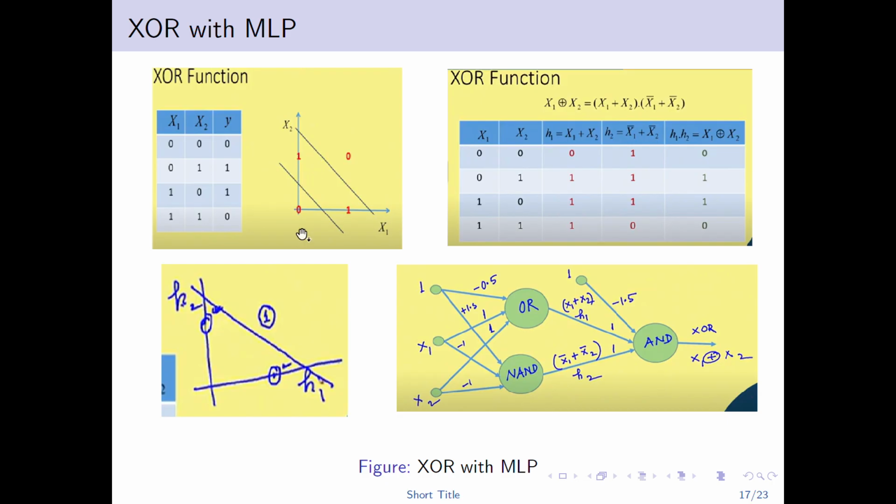Similarly, when x1 is 1 and x2 is 0, we have an output of 1. And when x1 and x2 are both 1, the output is 0.